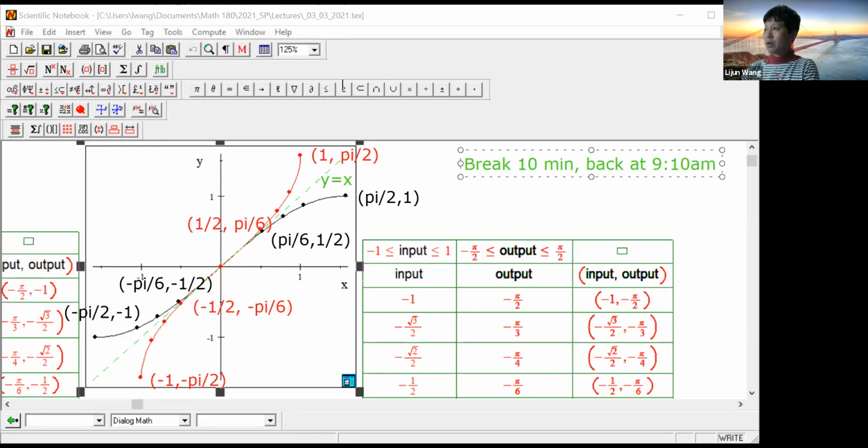Okay, there are some chat questions. Axes of symmetry, what's with the two tables? I will come back to answer your questions.